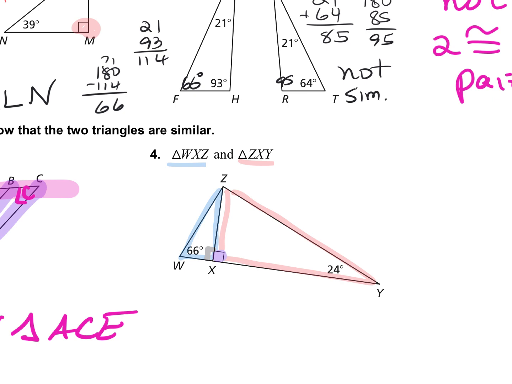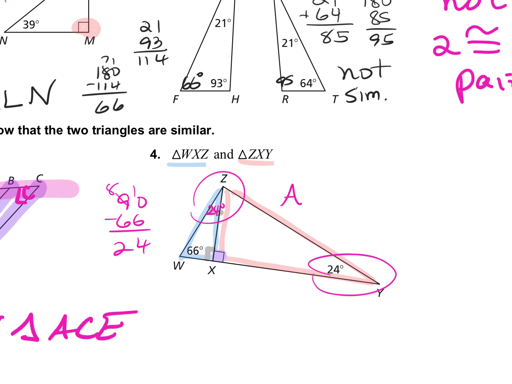So all I need to do is figure out what this missing angle is up here by doing 90 minus 66. And it's 24. So I've already found my other congruent angle pair. So you would say, yes, these are similar, again using angle, angle. And then you would say that triangle WXZ is similar to ZXY.